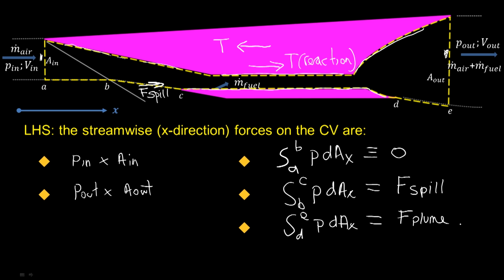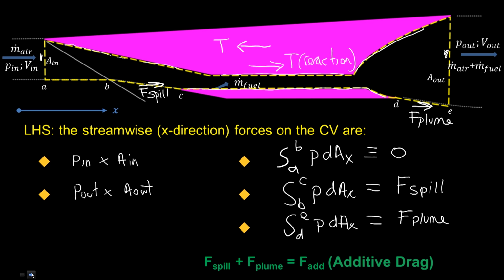And we'll indicate that with F plume. And so we have another complicating force. Now, historically, these two terms have been combined to be called the additive drag.